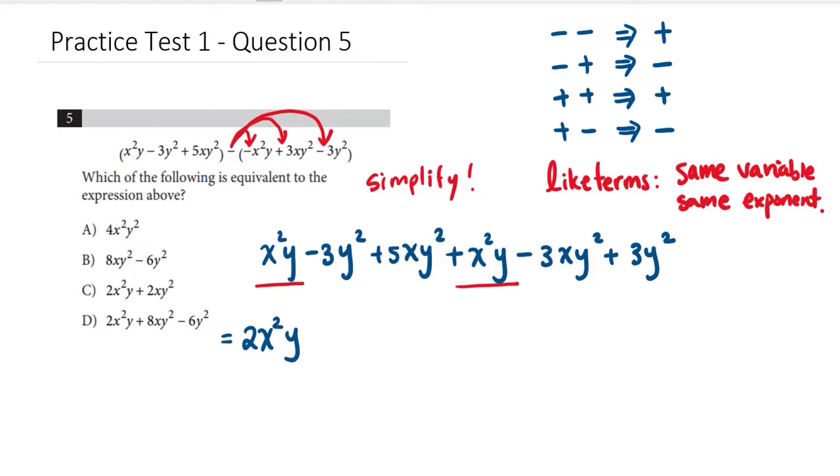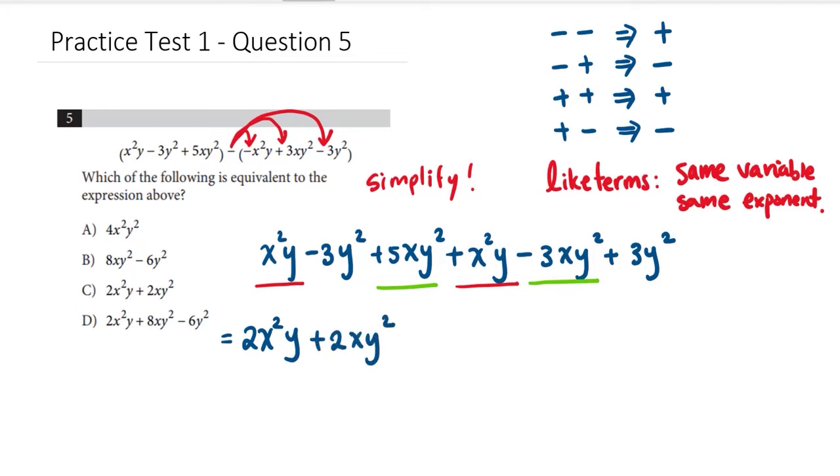I'm going to use a different color. The next one I'm going to do is xy squared. This and that will be like terms because they both have an x and y, and the exponent for y is 2. So positive 5, negative 3, that will be plus 2xy squared.